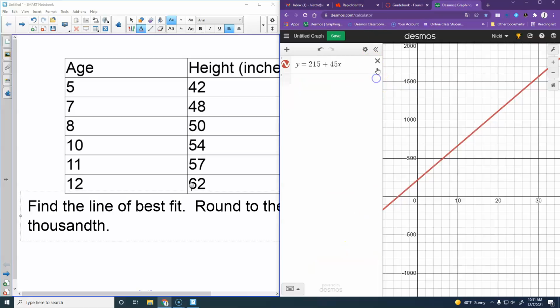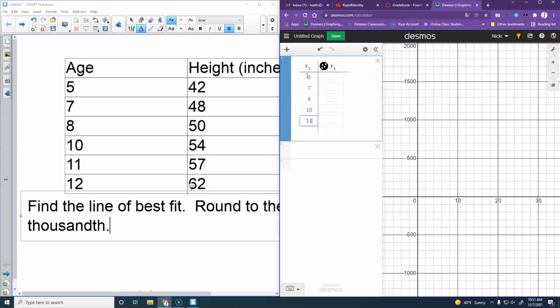Thousandth is how many decimal places? 3. The decimal. Hold up. Not yet.